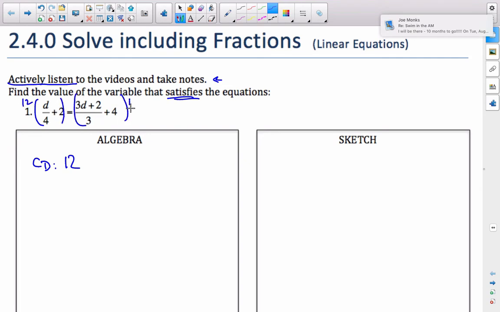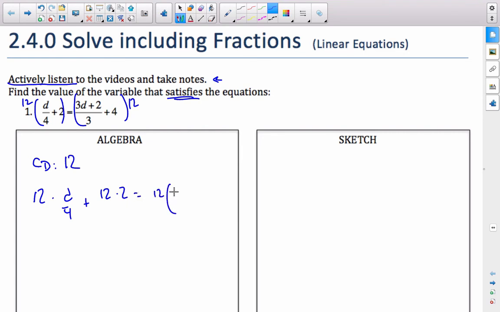Because in algebra, if you do something to one side of the equation, you have to do it to the other side of the equation. And you have to distribute it in. And so I'm going to go 12 times d over 4 plus 12 times 2 is equal to 12 times 3d plus 2 over 3 plus 4 times 12.